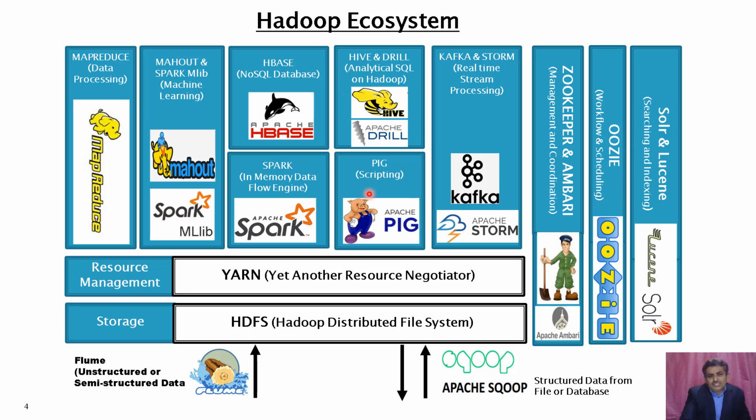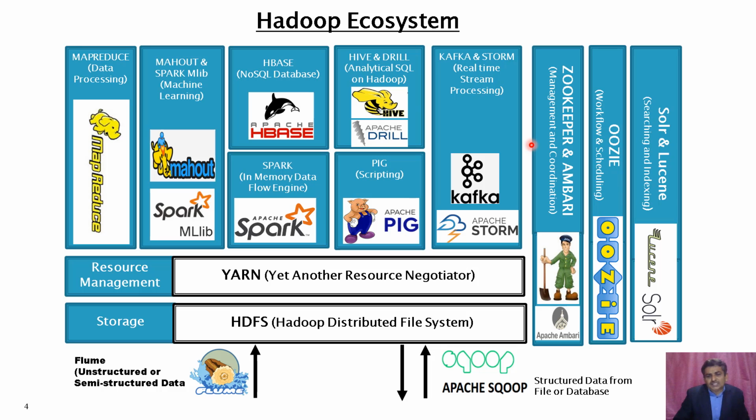The next component is Pig. Pig is a high-level scripting language. We can write Pig Latin code for interacting with Hadoop. For real-time stream processing, Kafka and Storm are used. If our data is real-time streaming data, we can use Kafka and Storm. The next component is Zookeeper and Ambari.